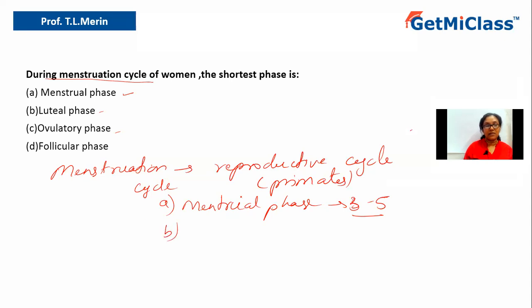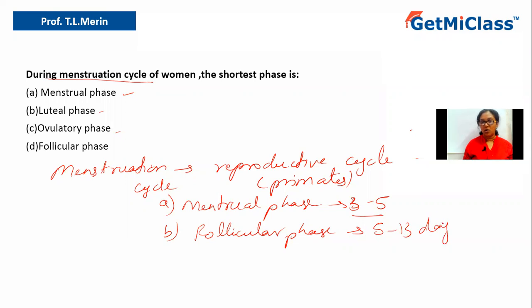Now the second phase is called the follicular phase. This lasts about 5 to 13 days. Usually on the 14th day, there is ovulation.